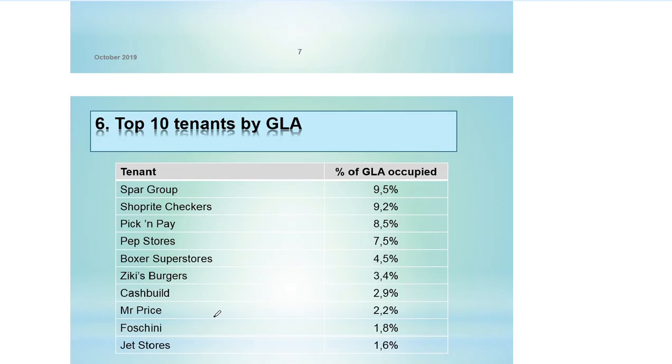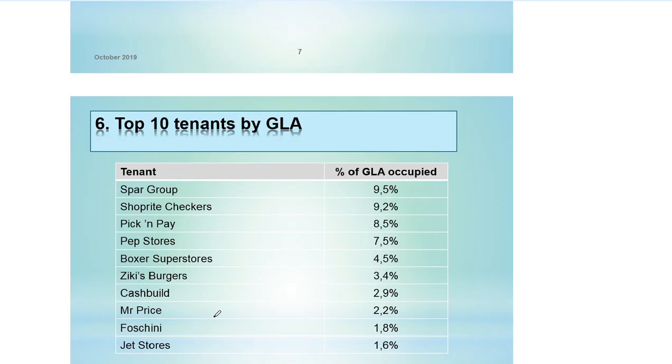Now as you look at this information, what is more important to you? You can confirm that the information provided says they focus on the lower LSM, people who are not upper middle class or even affluent. You can see from the shops they have, Spar Group. They don't have shops like your Woolworths. They don't have shops like your Checkers, which are well known to cover higher or medium LSM.